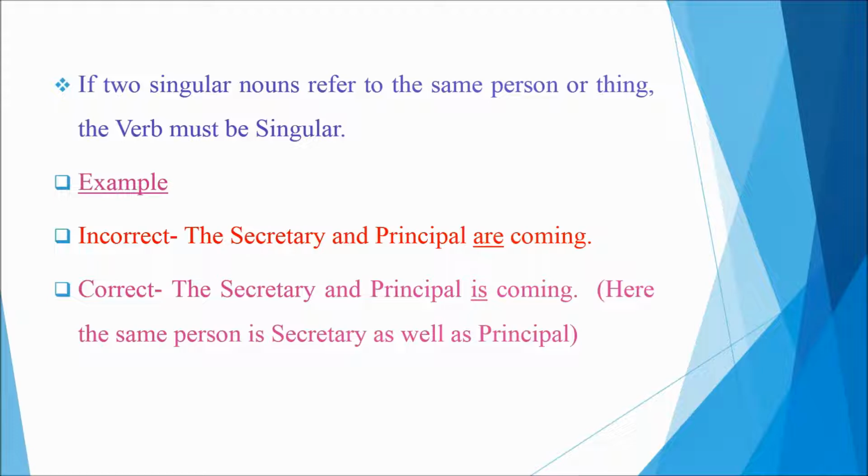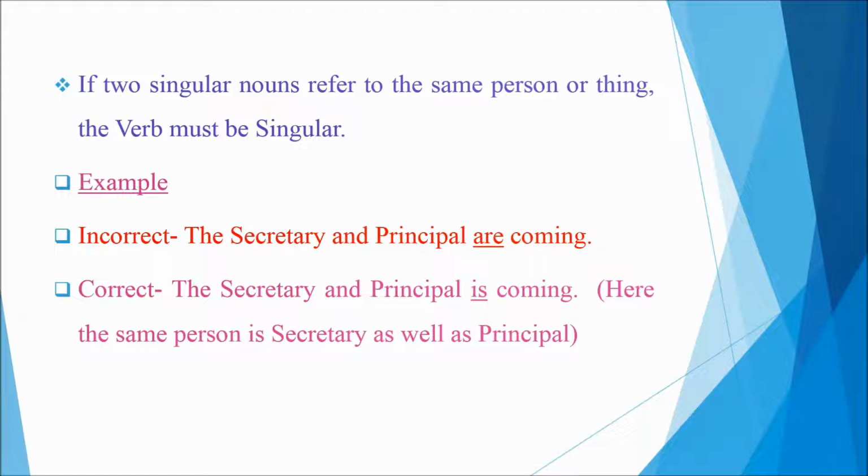First, look at the sentence. The secretary and principal are coming. Is that correct sentence? No. The correct sentence is the secretary and principal is coming. Why? Because here the same person is secretary as well as principal.